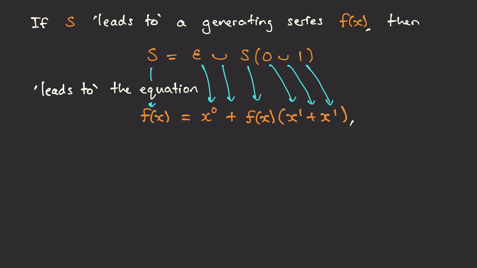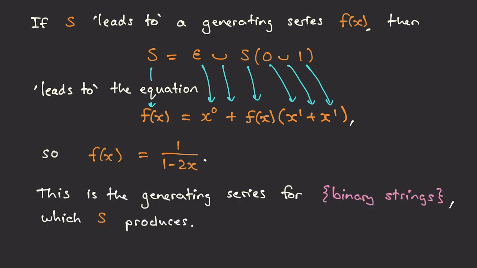This isn't writing f of x as a rational function directly, but it gives an equation that we can solve to find f of x. It's 1 over 1 minus 2x. We know from earlier that that's the generating series for the set of all binary strings, which is what we argued that S produced on the previous slide.